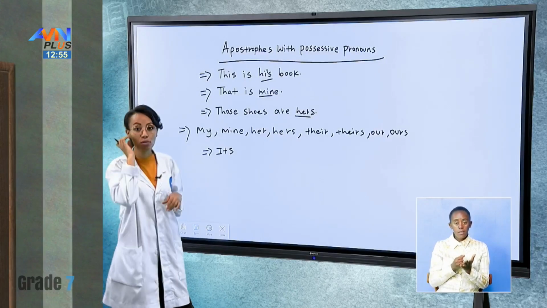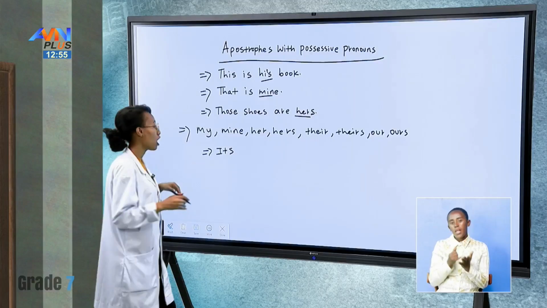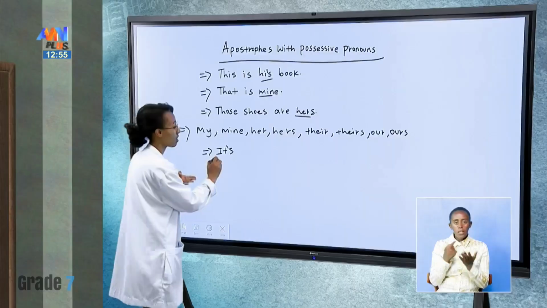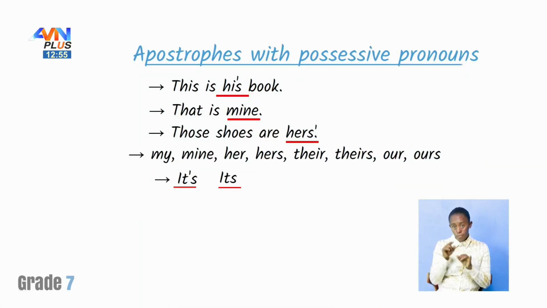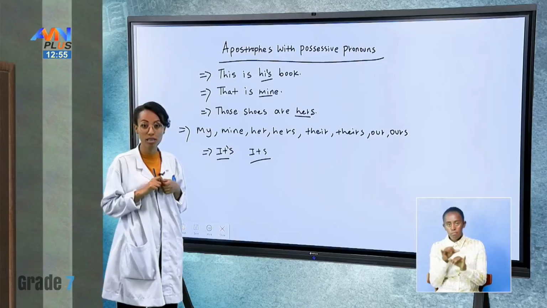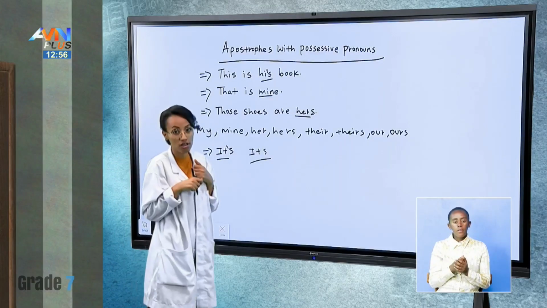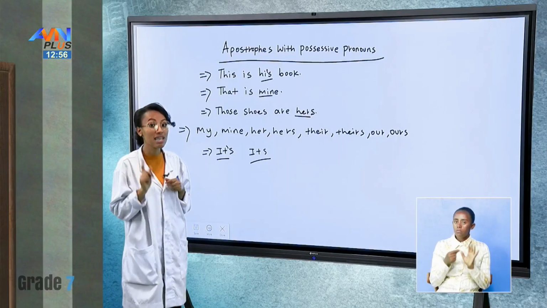So if you see it's, it doesn't need what? An apostrophe. Because this and this have two different meanings. The first one is to show contraction, not possession.